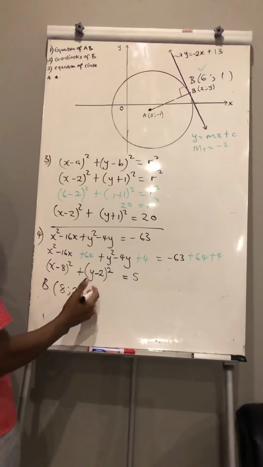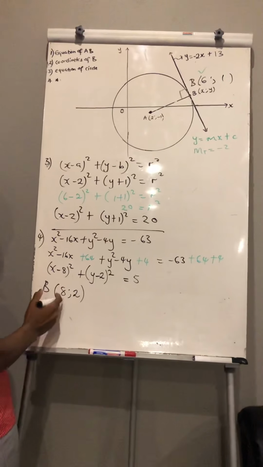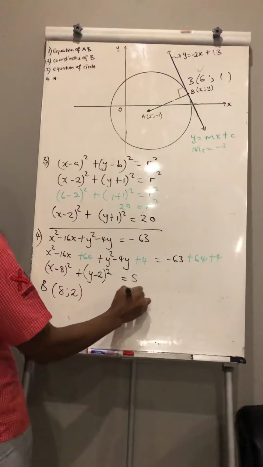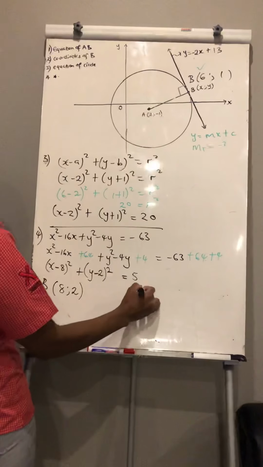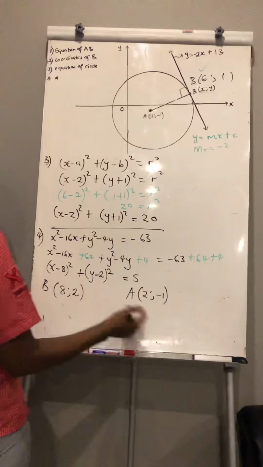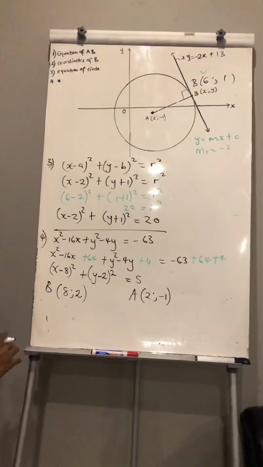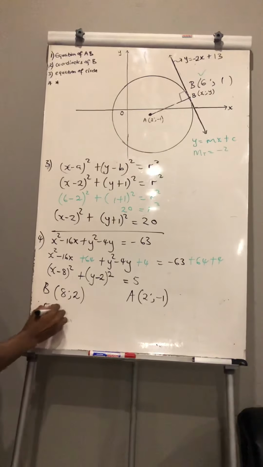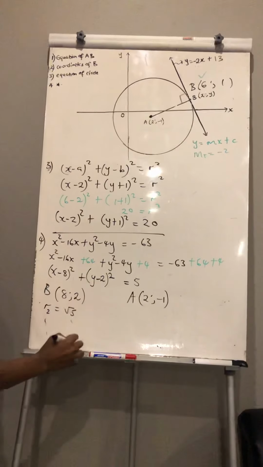From our lesson, the first center we called it A, and the second center we called it B. So the first center that we already know is actually 2 and minus 1. Those are the things we want to compare. Let's see, the radius of this circle here, which I'm going to call R2, is root 5.